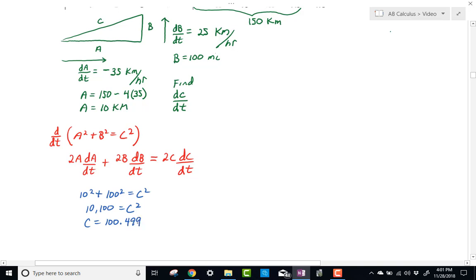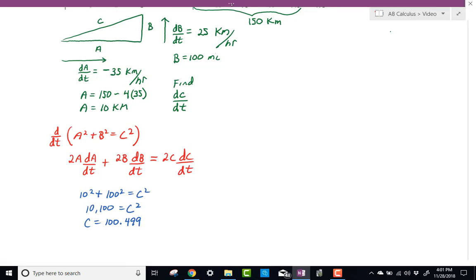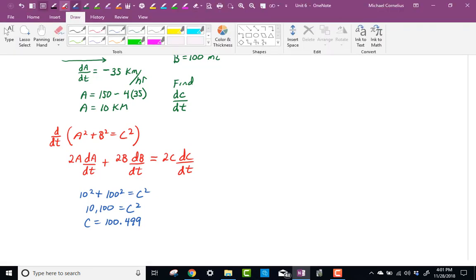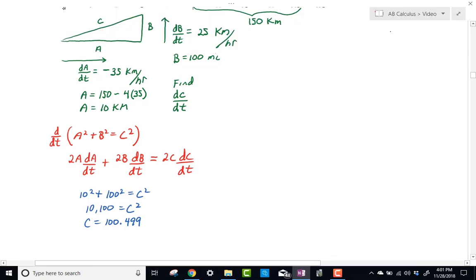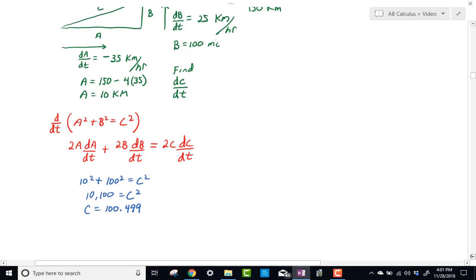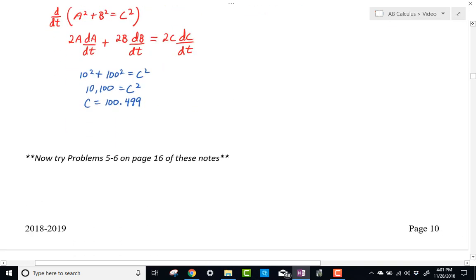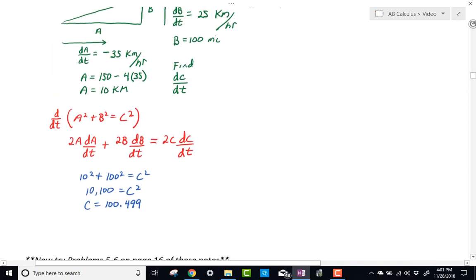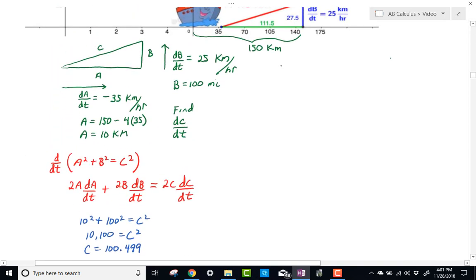And so now I know A, B, and C, and I know dA/dt and dB/dt. Let's go back to my formula and see what we got here. Not very much room, so let's go back up to the right side.